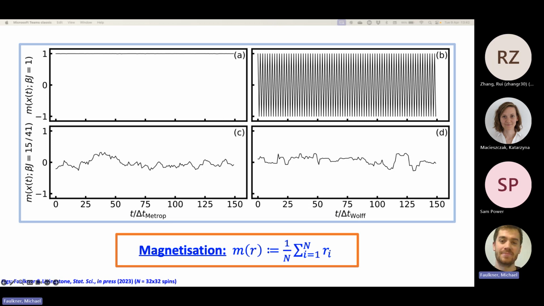The Wolff algorithm, which are these simulations on the right-hand side at the same high and low temperatures: at high temperature, again, it's mixing nicely around m=0, but at low temperature, it also mixes symmetrically around m=0 on very short timescales. So this problem of asymptotically slow mixing is completely circumvented by the Wolff algorithm. It's completely flipping the whole lattice between each iteration of the algorithm.